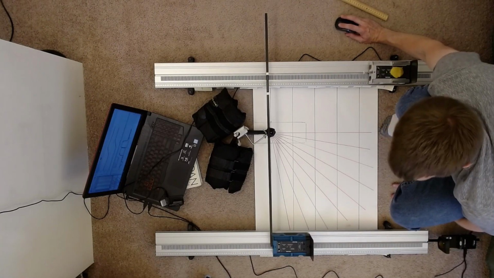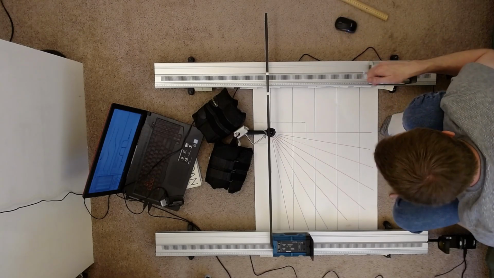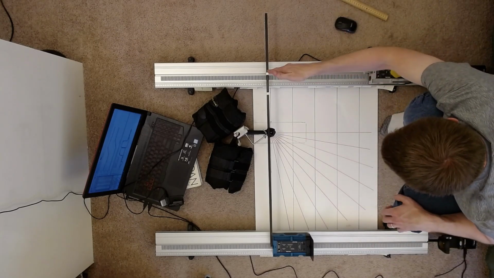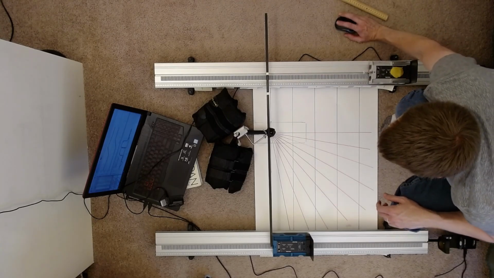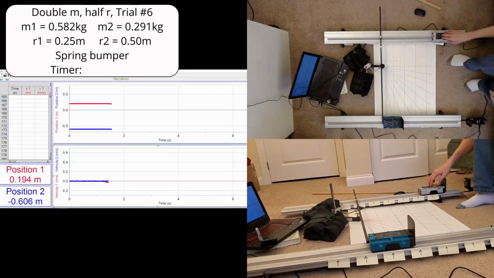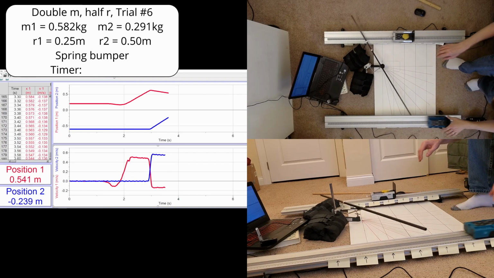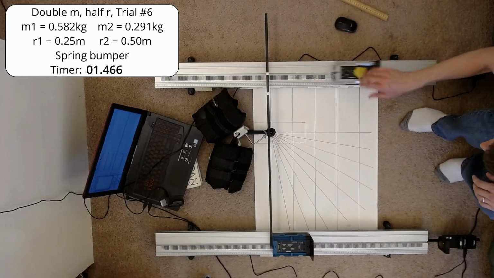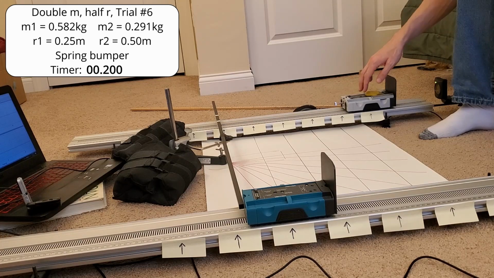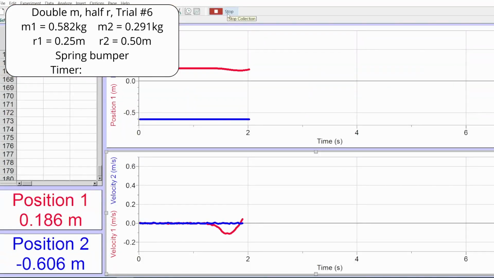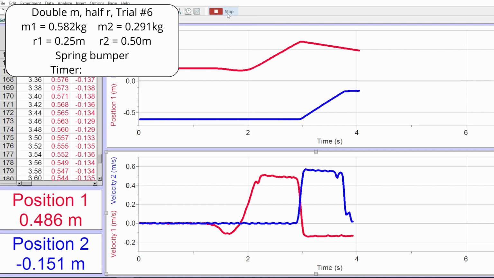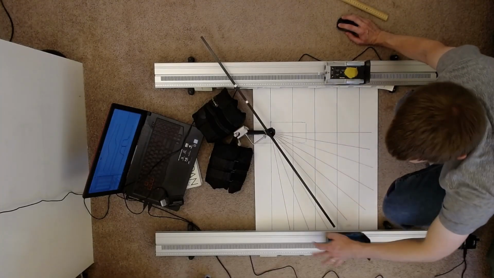Okay, so this is trial 2, double mass at half distance, elastic case, and let's see what we get. Okay, so let's look at the preliminary data.